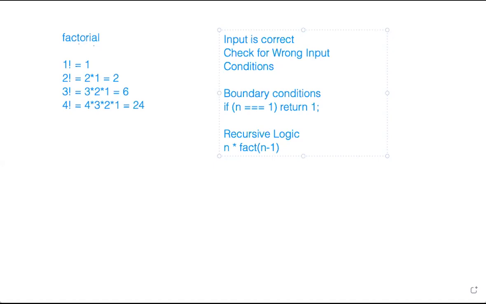What are the inputs that I should check for? Okay, negative inputs. What else? Are fractional inputs okay?